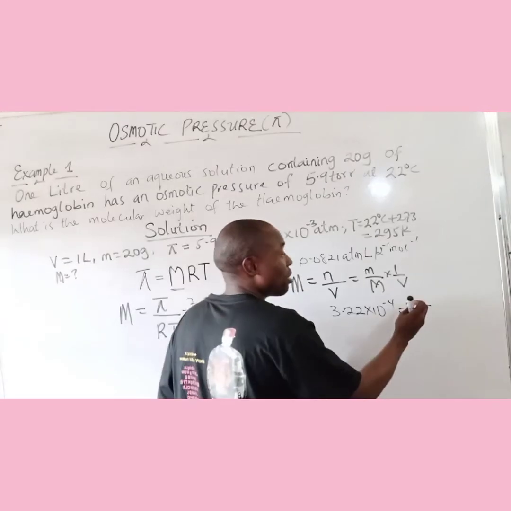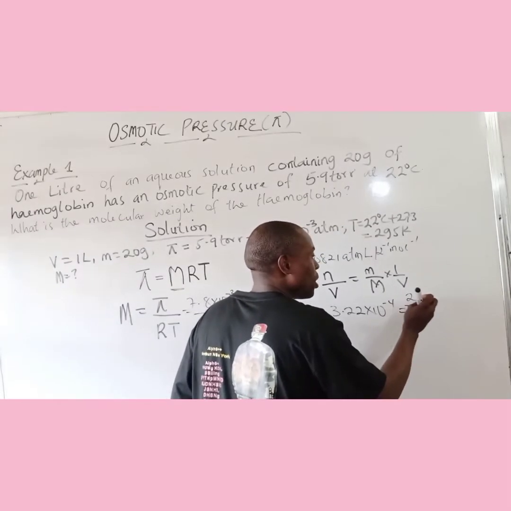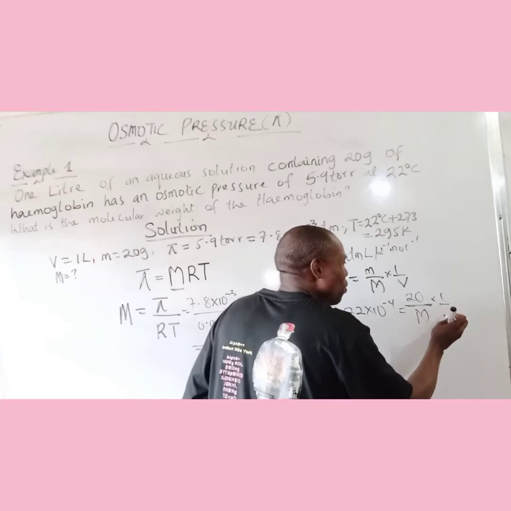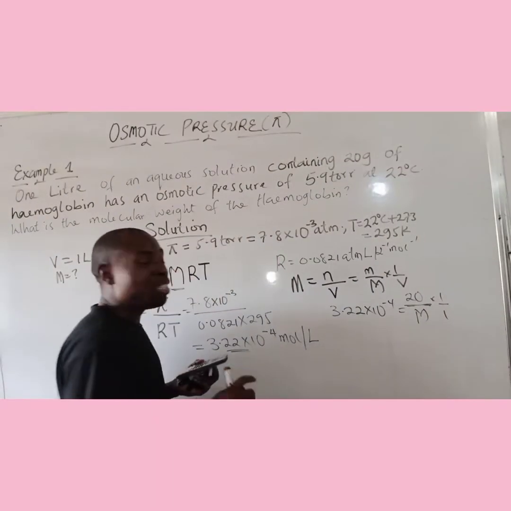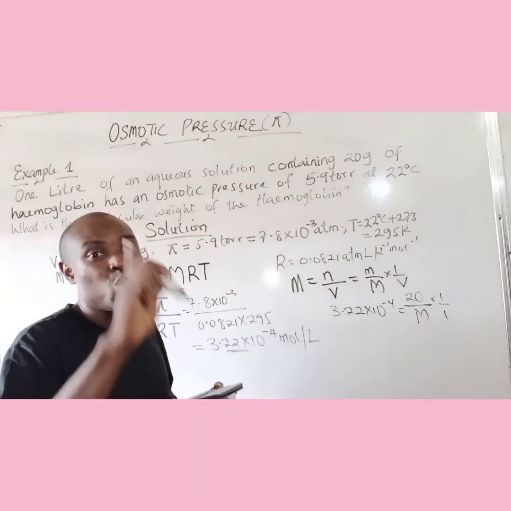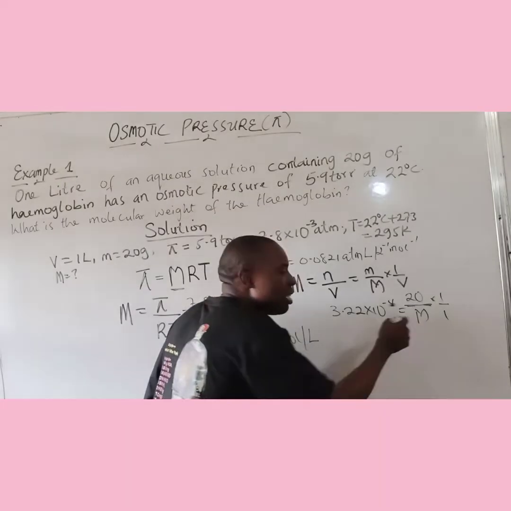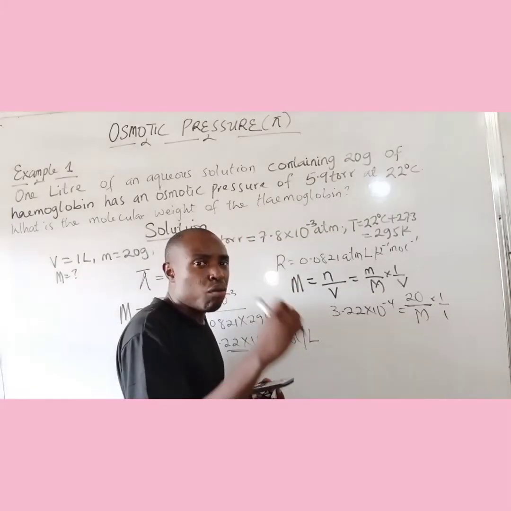I was given the mass rather. The mass is 20 grams. I'm looking for the molar mass, multiplied by 1 over 1. Why? Because the volume was in liters and it was 1 liter. So I'll make the molar mass the subject of the formula.